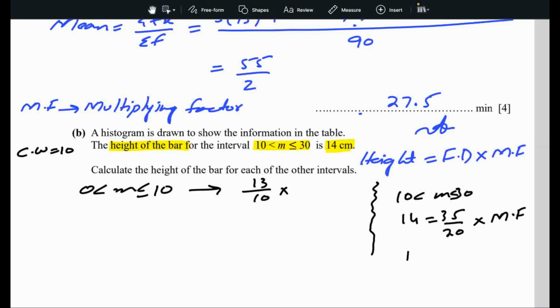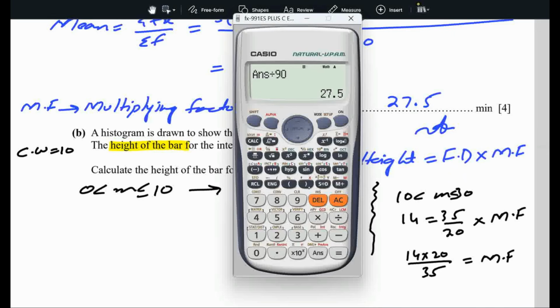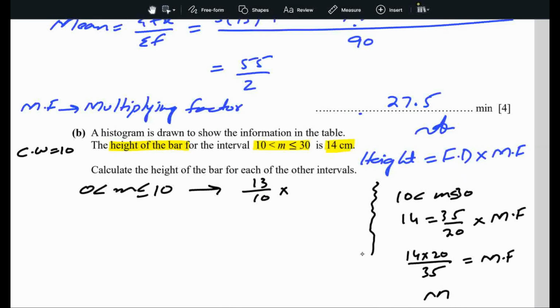So if we rearrange it, 14 multiplied by 20 divided by 35 is equal to multiplying factor. This will be equal to 8. So multiplying factor will be equal to 8.